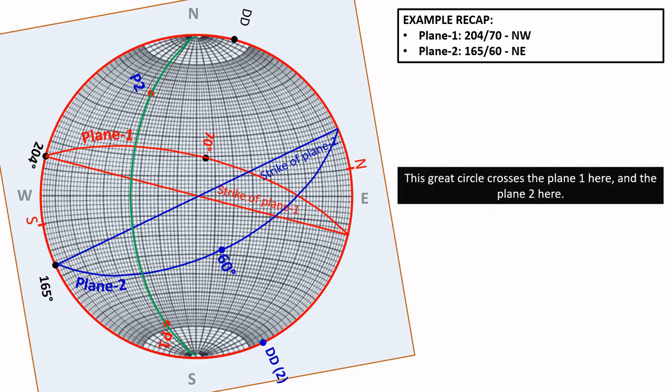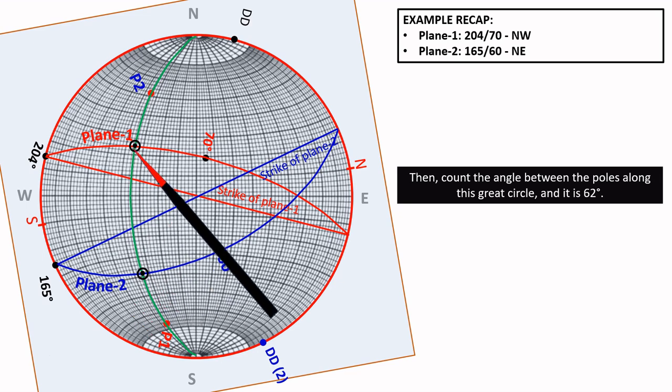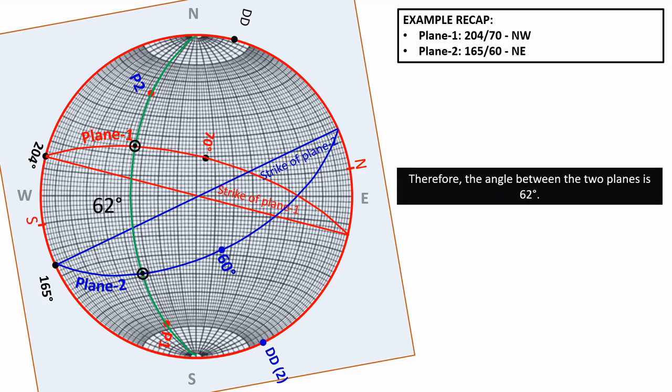This great circle crosses plane 1 here and plane 2 here. Then count the angle between the poles along this great circle and it is 62 degrees. Therefore, the angle between the two planes is 62 degrees.